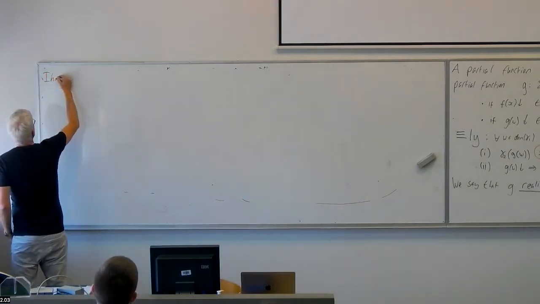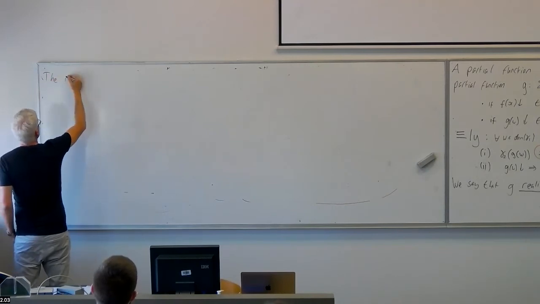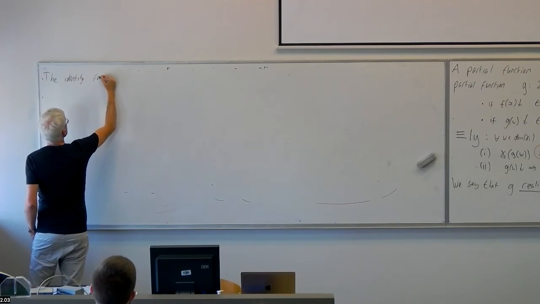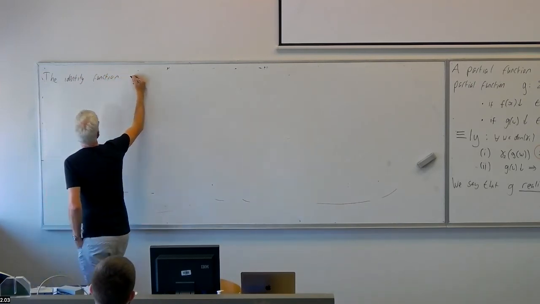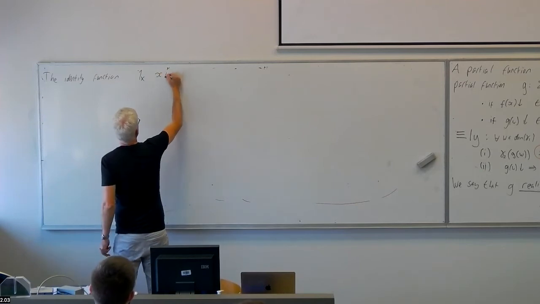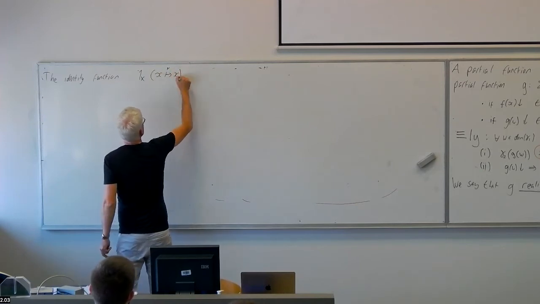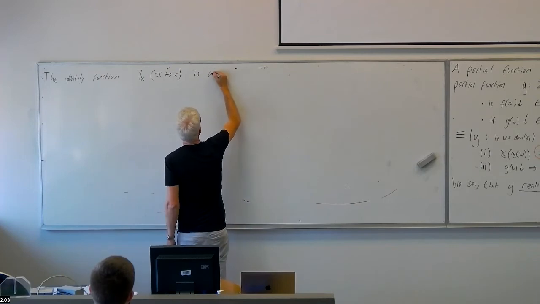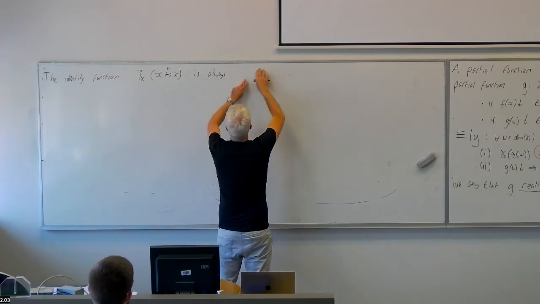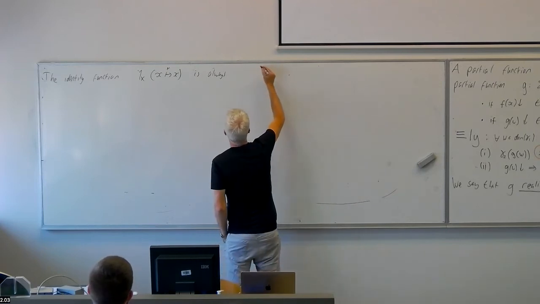So I just want to remark that, like at the start of the lecture, the identity on x, so that x maps to x, is always computable.